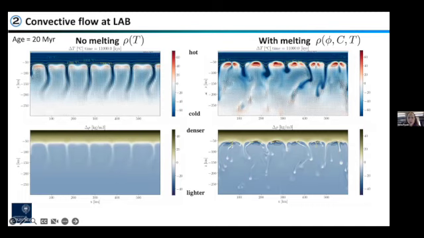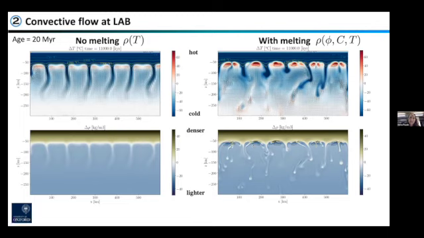So these are two snapshots of the models, and the melt pools are clearly seen over here. They are also hotter, so they release latent heat, which means that they warm up the bottom of the lithosphere, and they also create chemical heterogeneities.